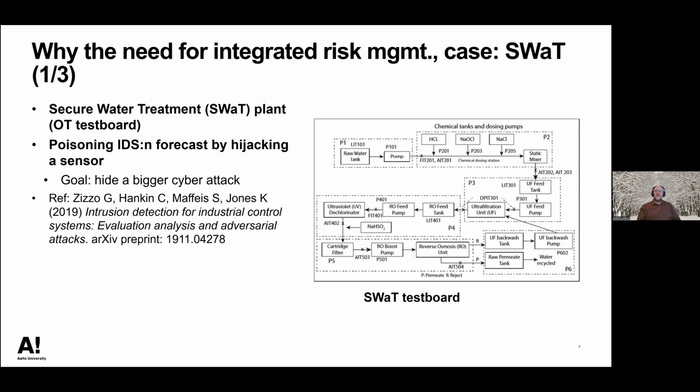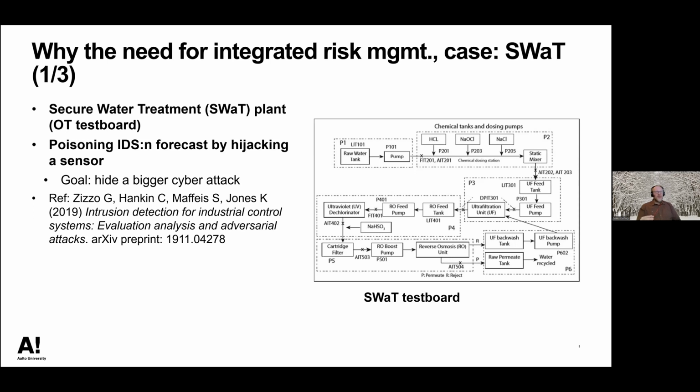As the first speaker mentioned, AI or machine learning components are already used as intrusion detection systems. Also, it's a growing trend to use them in industrial control system intrusion detection.